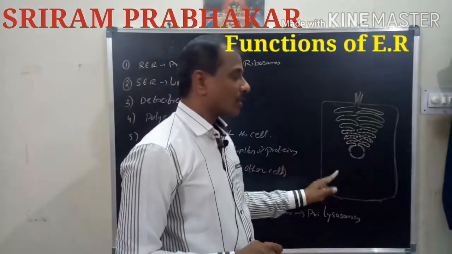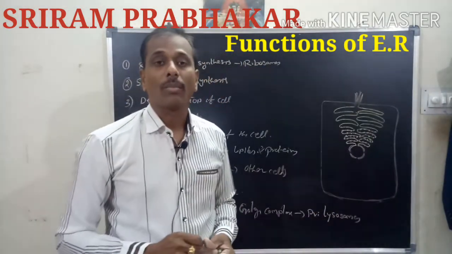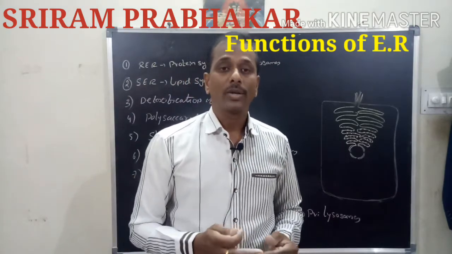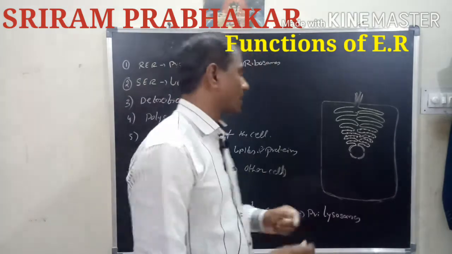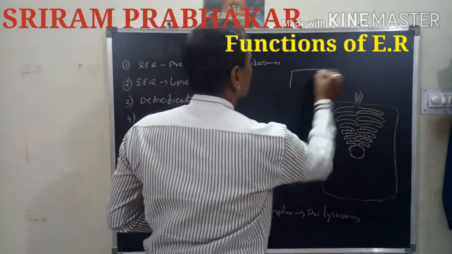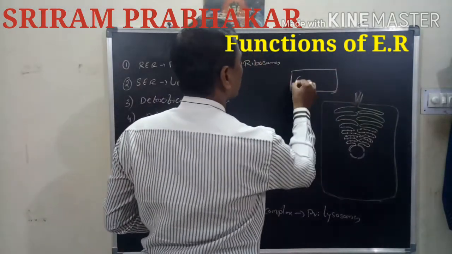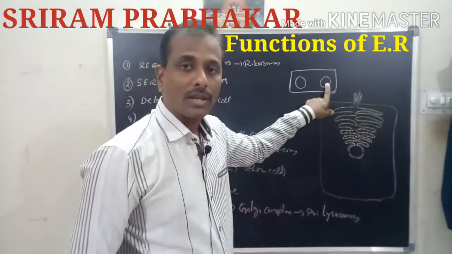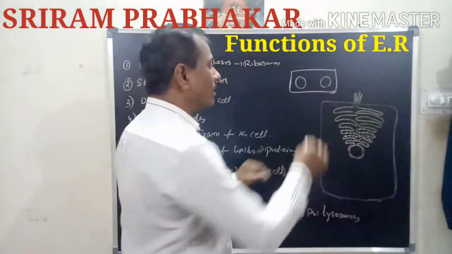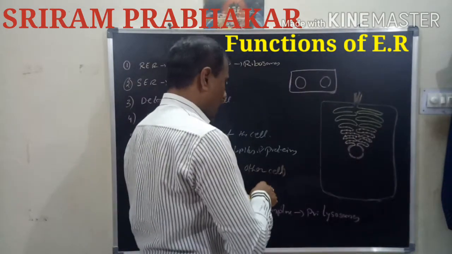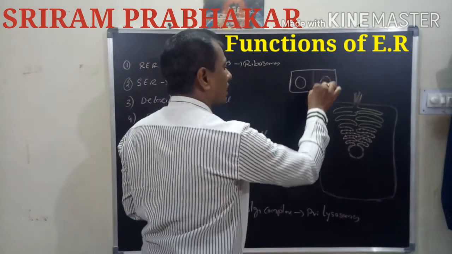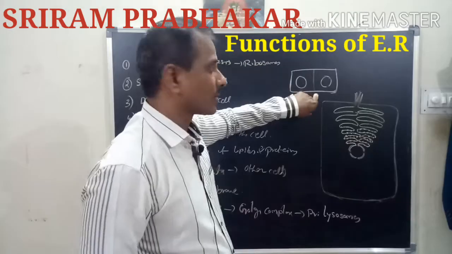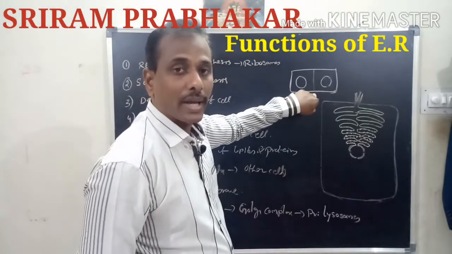Not only this, the endoplasmic reticulum also helps in the formation of the cell plate during cell division. We know that during cell division, the two nuclei are separated. After the separation of nuclei, that means karyokinesis, takes place. Between the two nuclei, specific tubular structures are formed. This is called the cell plate.